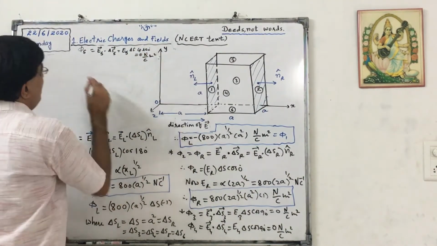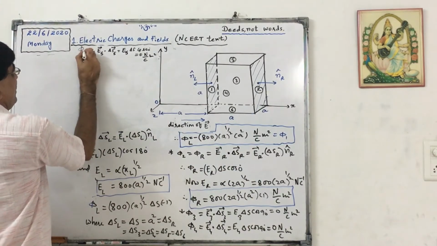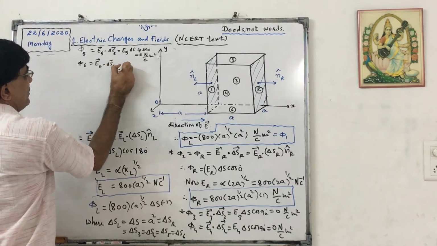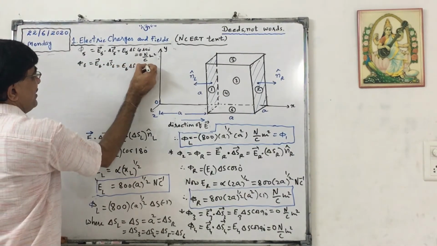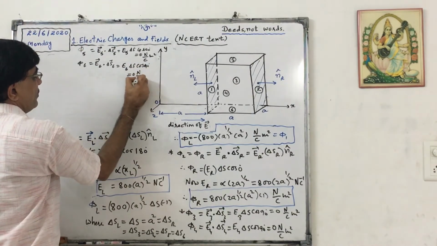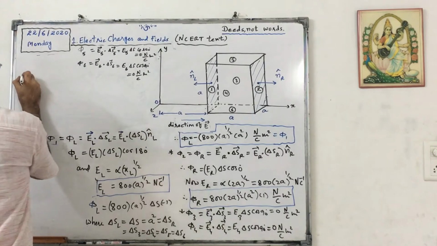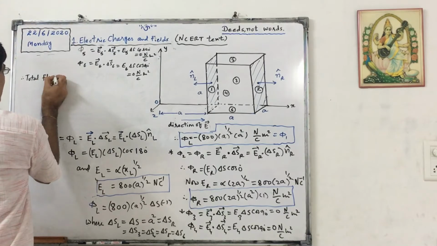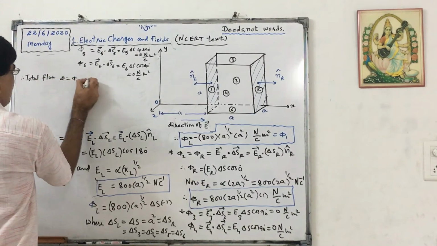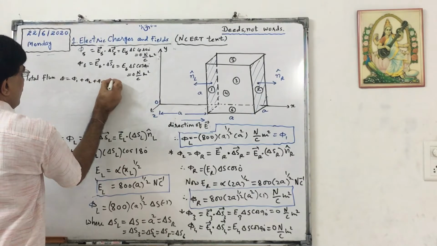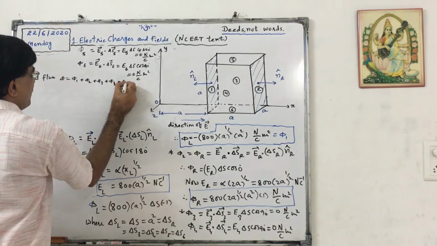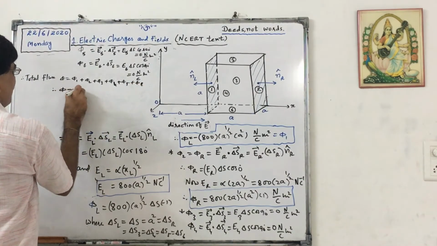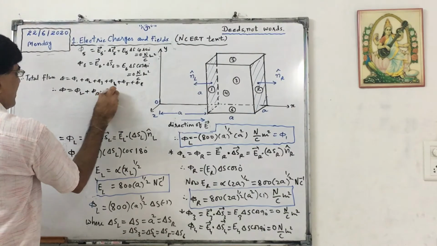Similarly for the bottom, phi 6 equals E6 dot delta S6 equals E6 delta S cos 90, which equals 0 Newton per Coulomb into meter square. So the net or total flux linked with this cube equals phi 1 plus phi 2 plus phi 3 plus phi 4 plus phi 5 plus phi 6, where phi 1 is phi left, phi 2 is phi right, and all other fluxes are 0.